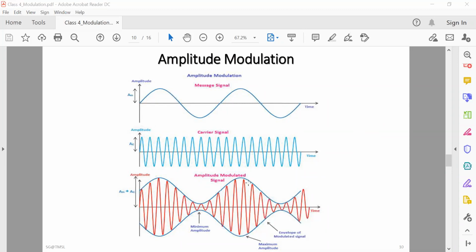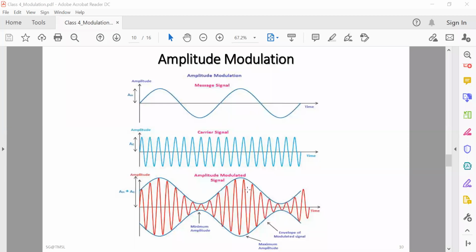At the receiving end, we receive this type of signal. It will be demodulated to get the actual signal at the receiving side.